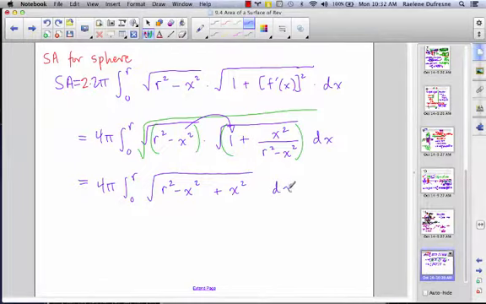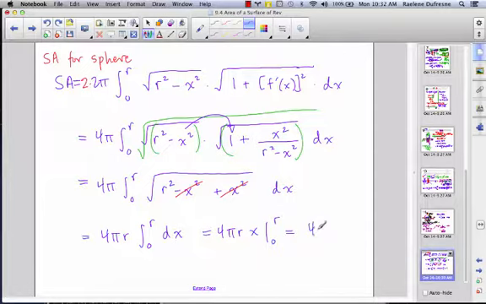And then times dx. And so we have that r is a positive number, and the square root of r squared is r. So we can take the r outside to get 4 pi r, and then we have times the integral from 0 to r of dx. This is going to give us 4 pi r times x evaluated from 0 to r, which is going to give us 4 pi r squared as desired.